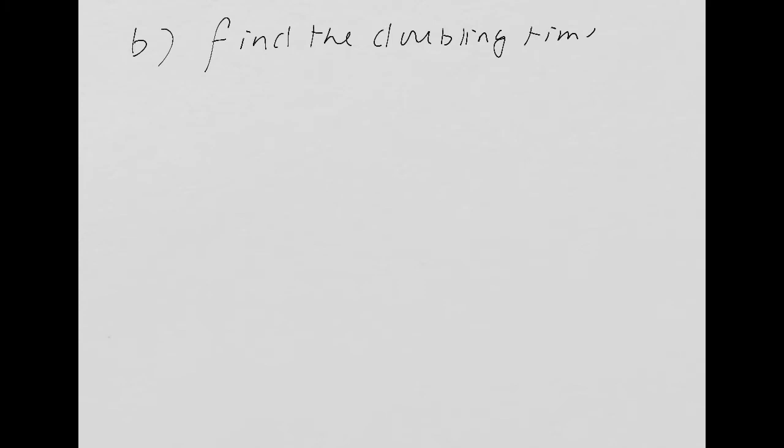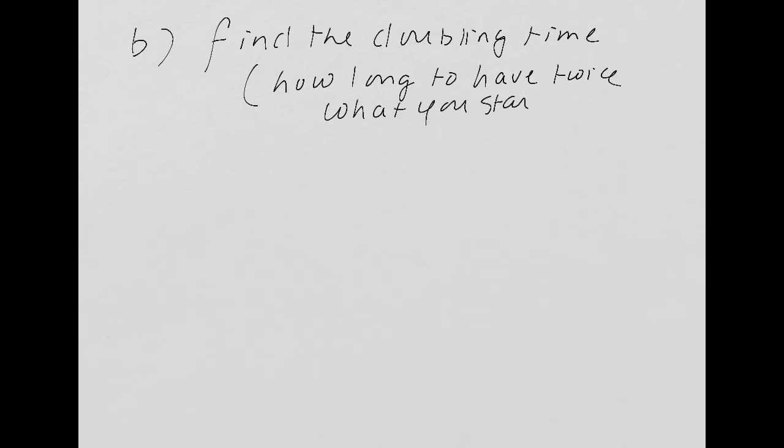And then I said this, but I think it's so important, I'd like to write it down. What doubling time means is how long to have twice what you started with. And let's just remind ourselves that we were given the following model. And we know from what we did in part A that we started with 135.